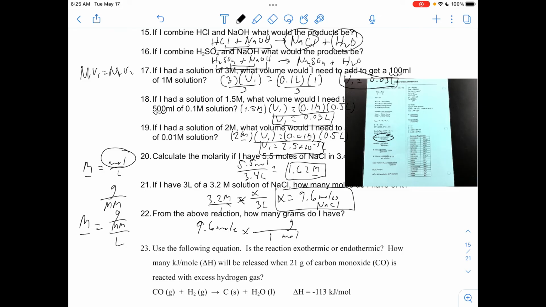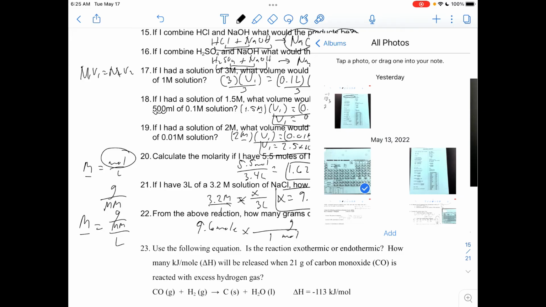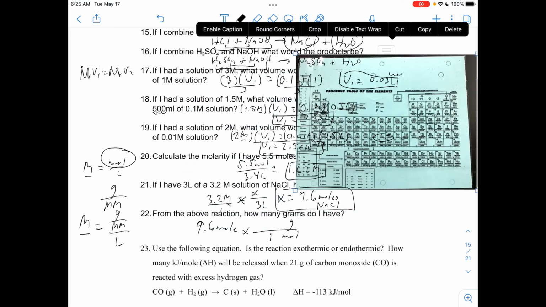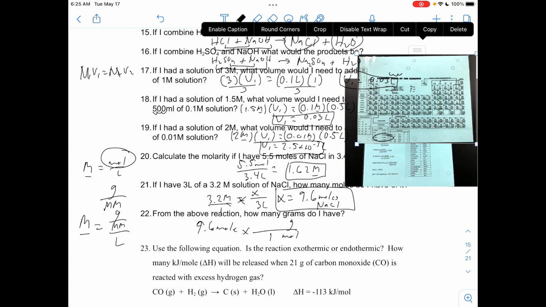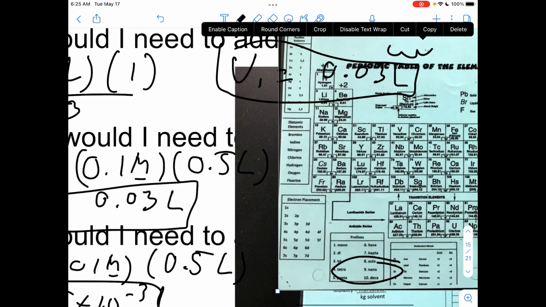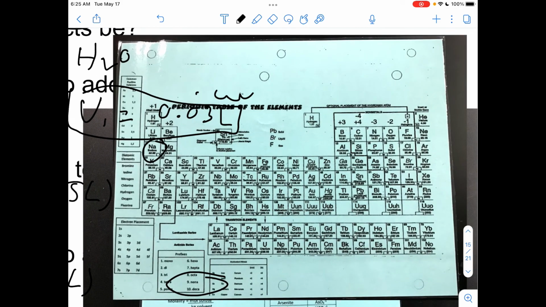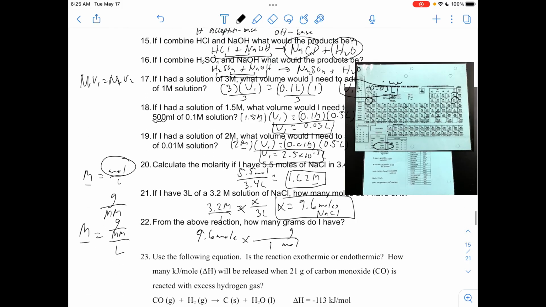Okay, the molar mass of NaCl, if I look at my periodic table. Sodium is 23, chlorine is 35.5.